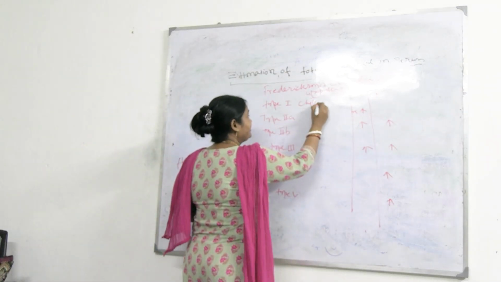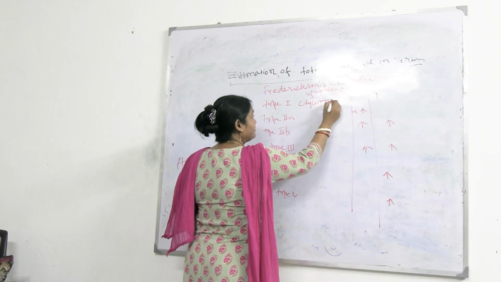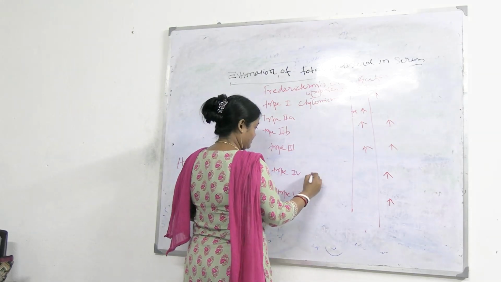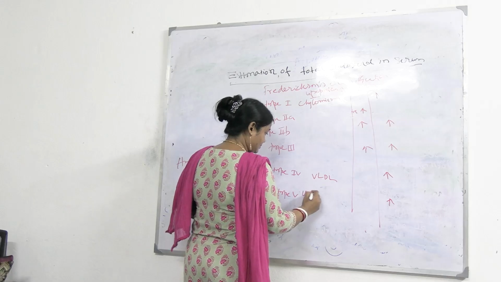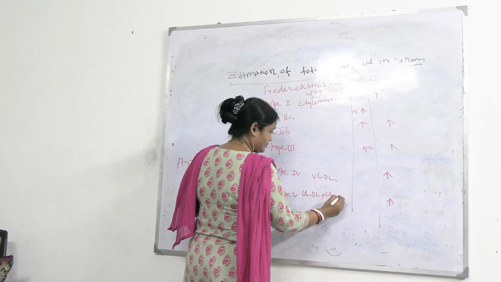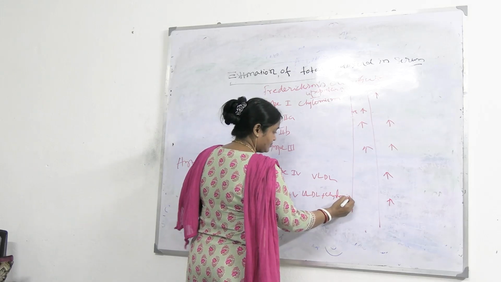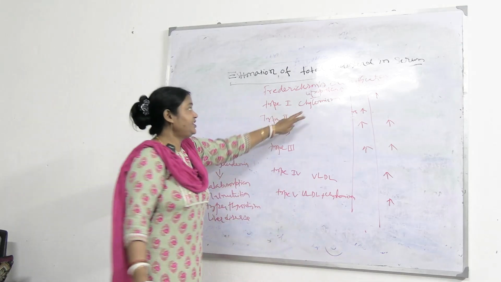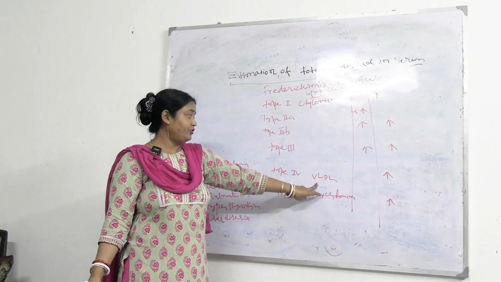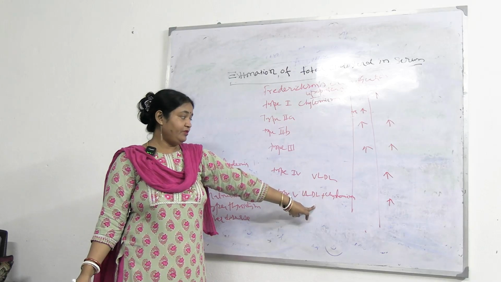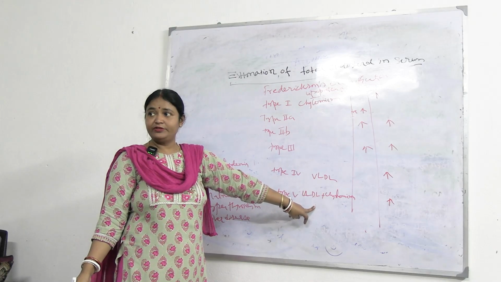The lipoprotein increased here is chylomicron. First one is chylomicron. Lipoprotein for type 4 will be VLDL and type 5 will be VLDL plus chylomicron.